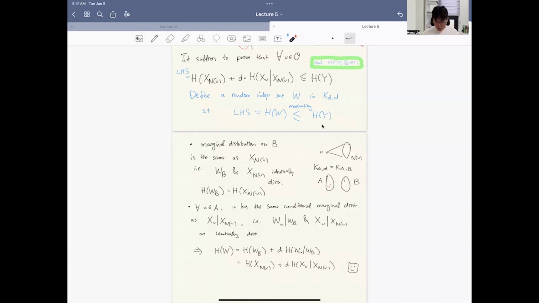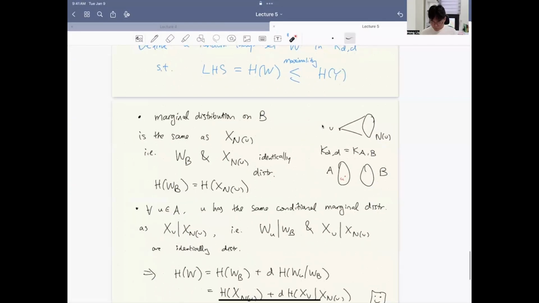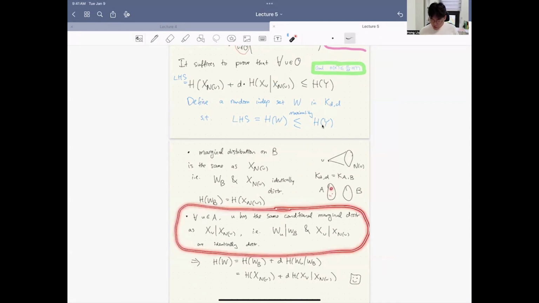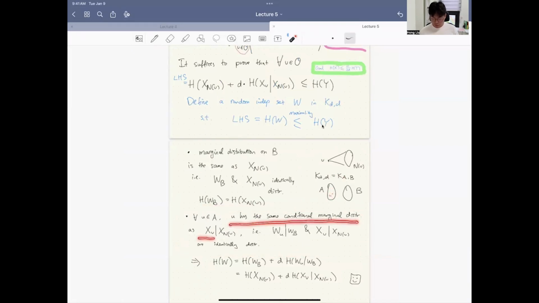Okay, so one thing I want to mention is why we can do the second step, why we can make sure that every vertex in A looks the same. It's because every vertex in A is identical.